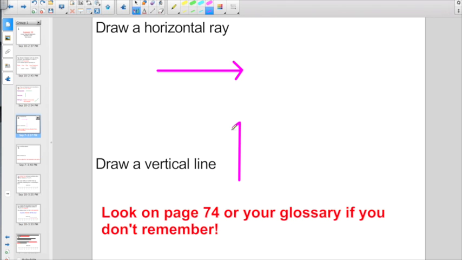Lines go on forever on two different sides. So I have to have an arrow on both sides to make it a vertical line. Again, use your book or look it up in the glossary, either on page 74 or in the blue glossary in the back of your book if you don't remember.